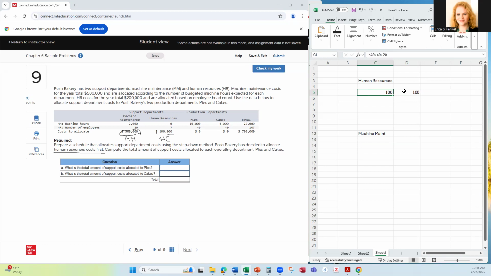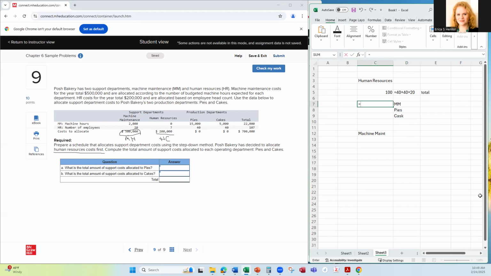Okay. And that gives us the total. So then for machine maintenance and for pies, because we want to distribute it to all the remaining ones if we're doing this one first. And since they all have head count, they will all get a part of them.